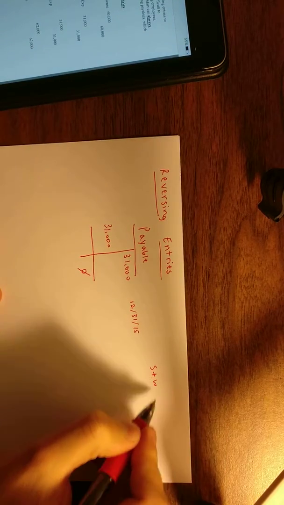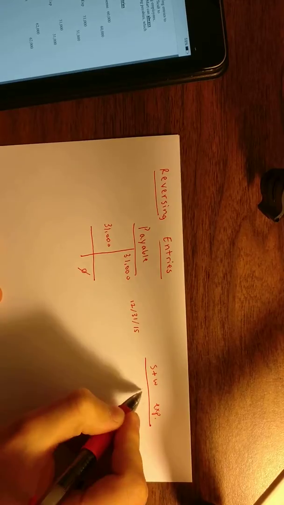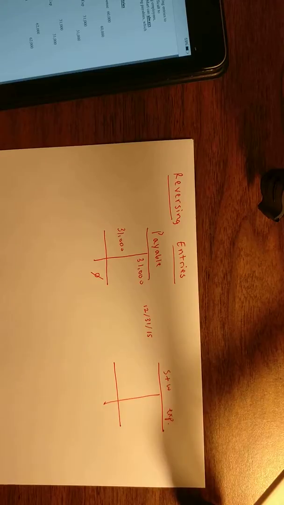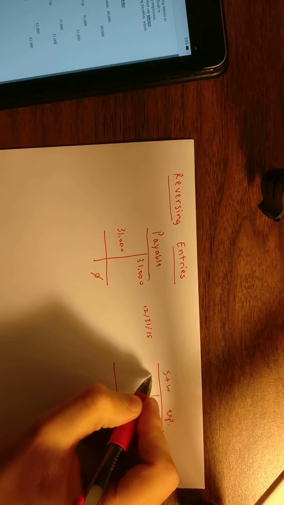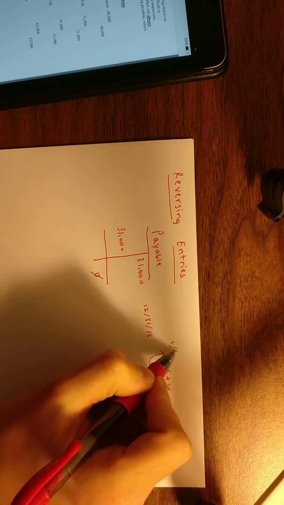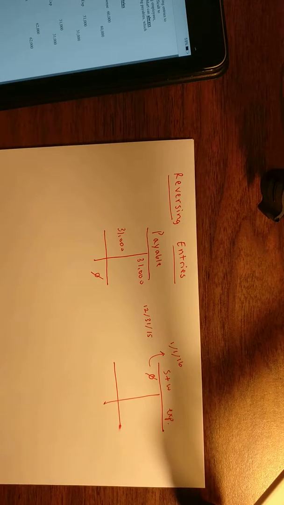And then now we have this salaries and wages expense, right? Because we close all income accounts, so that would be revenues, expenses, gains, losses, anything that's on the income statement gets closed to retained earnings at the end of the year, we start off with a zero balance, right? So this is as of 1/1/2016, right?